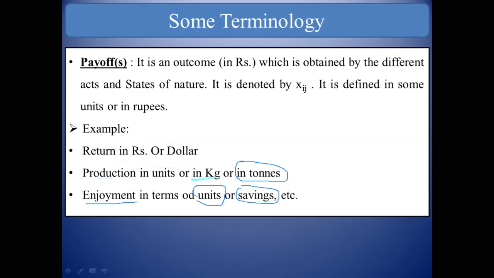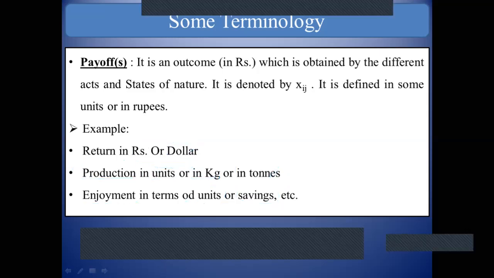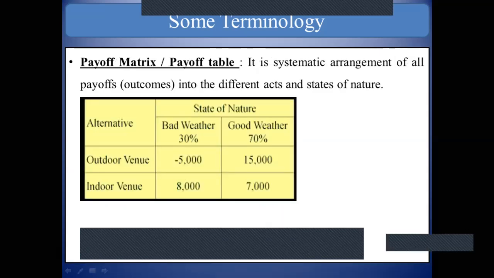Then after, moving on to the next terminology, that is payoff matrix or payoff table. Now we have seen this chapter in SY BCom Sem 3. What is the meaning of matrix? Matrix is an arrangement of outcomes into rows and columns.